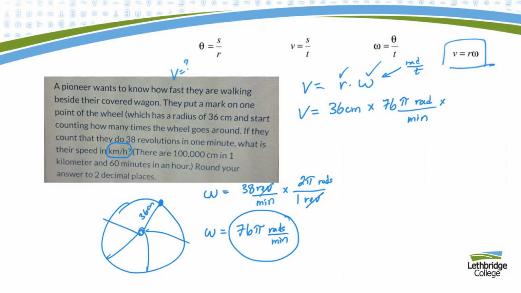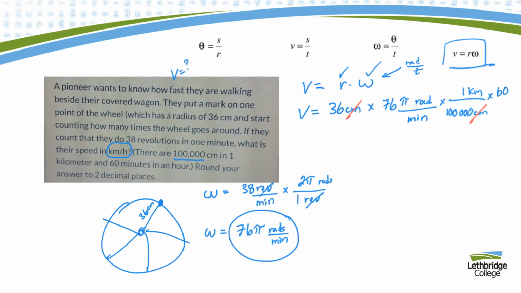So, oh, they give me this here, 100,000 centimeters in a kilometer. So I can put 100,000 centimeters is equal to 1 kilometer. So that'll convert the centimeters to kilometers. Done. And now I've got to convert those minutes to hours.